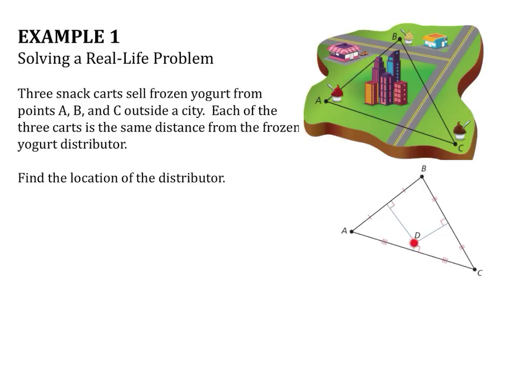So we'll label this point D, so D is your circumcenter, and we know that it's the circumcenter because when I bisect segment AB, and then when I bisect segment BC, and then when I bisect segment AC, all of the intersecting points will be at point D.